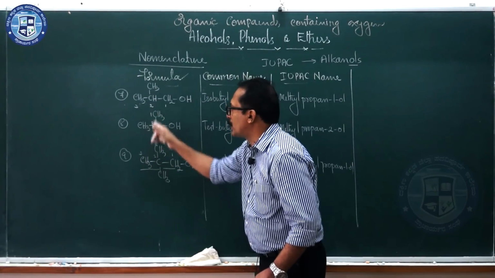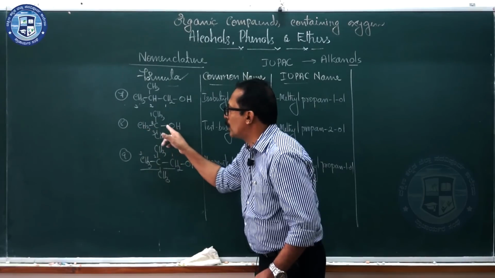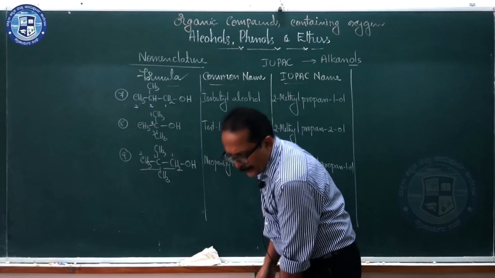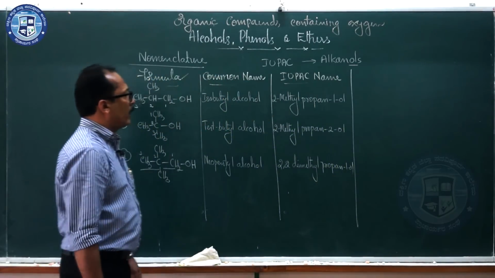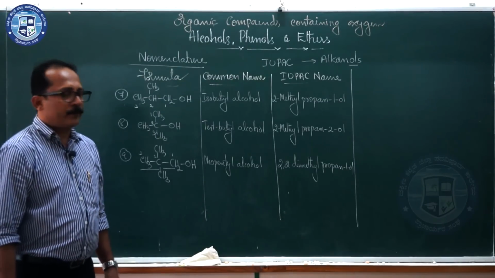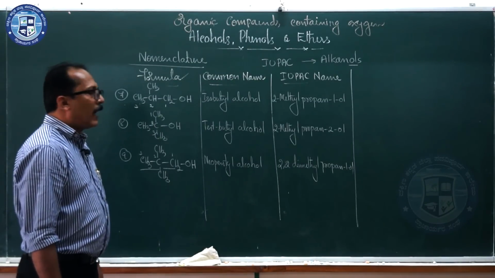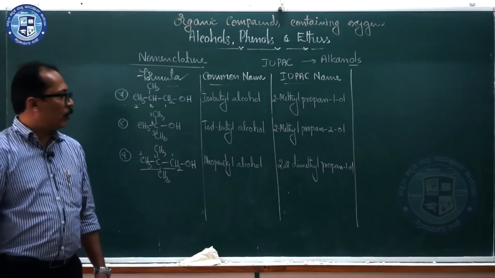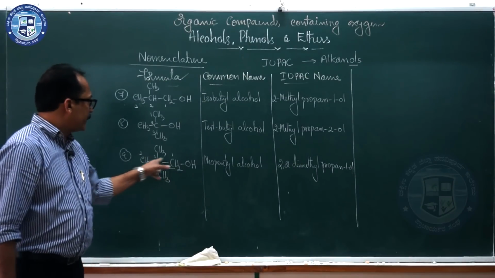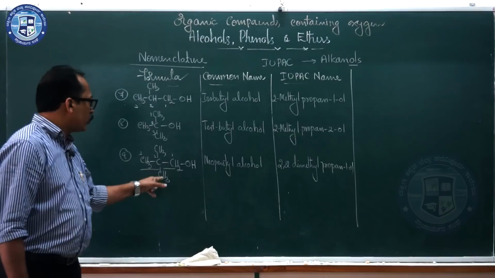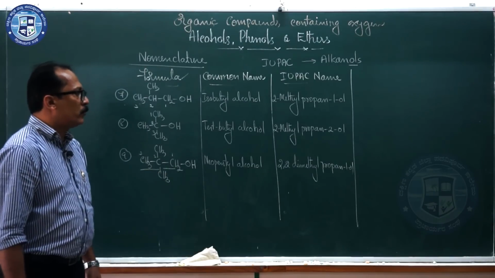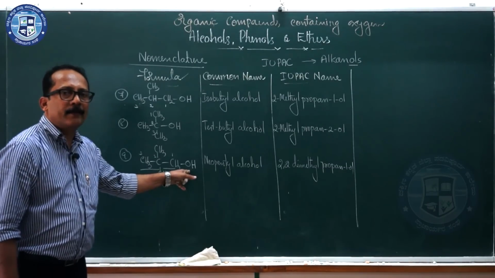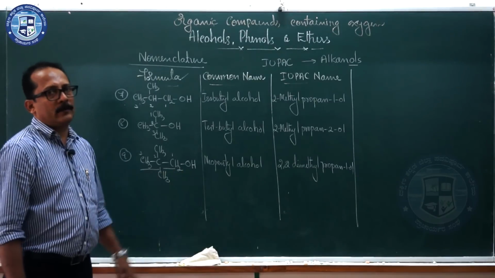Numbering is done from top to bottom. At the second position there is one methyl group and the OH group. Therefore, the IUPAC name is 2-methyl propan-2-ol. Next is neopentyl alcohol, a derivative of neopentane. Here also the longest carbon chain is this. At the second position there are 2 methyl groups, so it is called 2,2-dimethyl propan-1-ol.